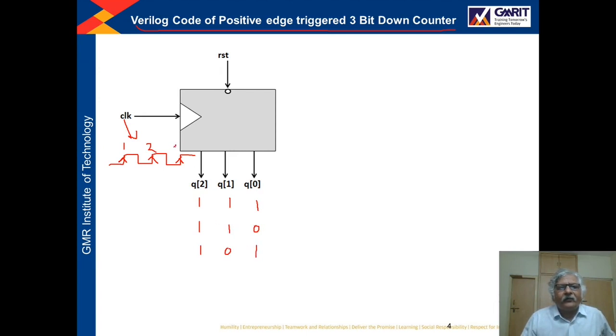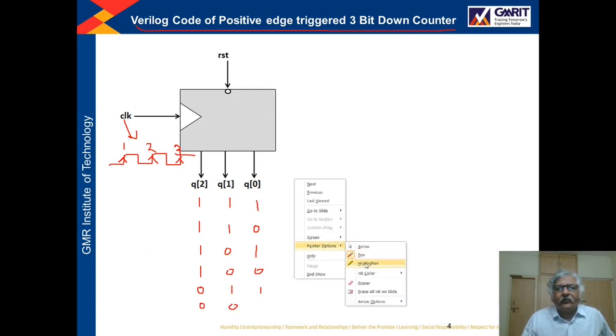With the third positive edge, it will go to 100. Then with the next positive edge, it will go to 011, and next it will go to 010.